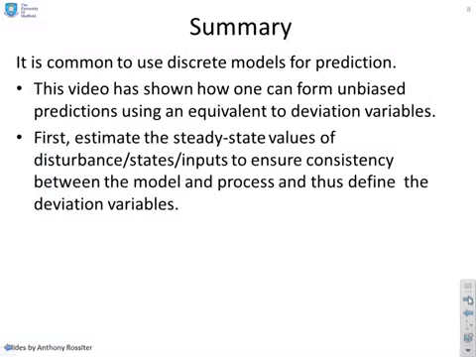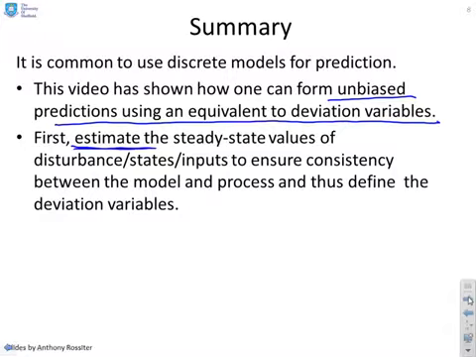So in summary, it's common to use discrete models for prediction, and this video has shown how you can form unbiased predictions using an equivalent to deviation variables. Now, here are the key steps. You need to estimate the steady state values of the disturbance, states and inputs which ensure consistency between the model and the process.